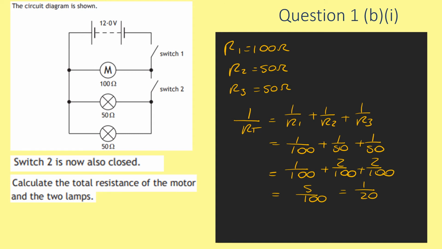And that's what you would find on your calculator. Now 1 over RT is 1 over 20, so we have to flip and say that RT is equal to 20 over 1, which is of course 20 ohms.